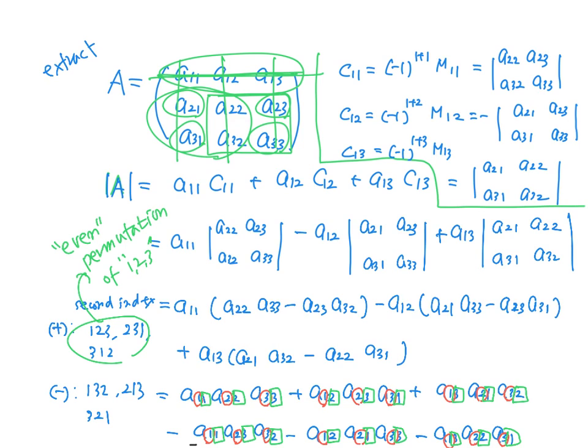On the other hand, 1, 3, 2 can be obtained from 1, 2, 3 by just changing 2 and 3 once. Or 2, 1, 3 can be obtained from 1, 2, 3 by interchanging 1 and 2 once. And 3, 2, 1: how many times do you have to change?